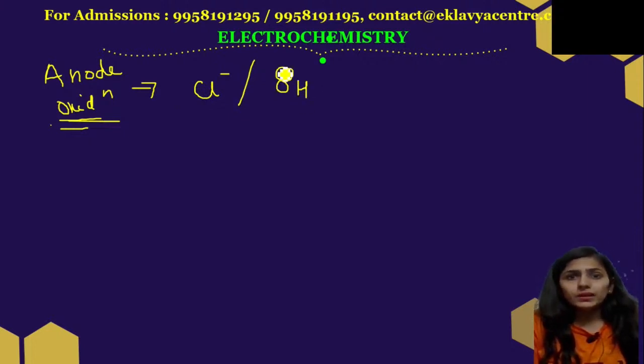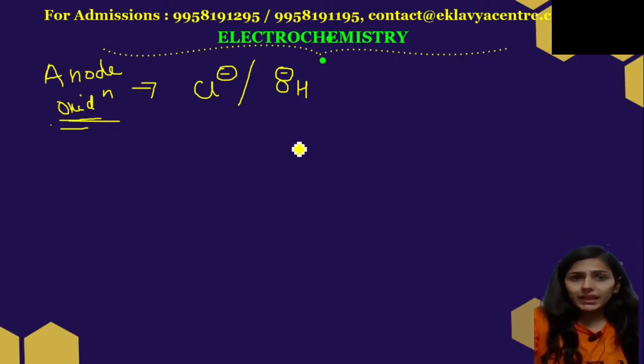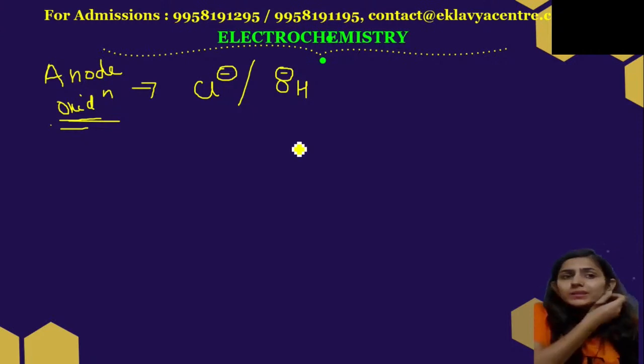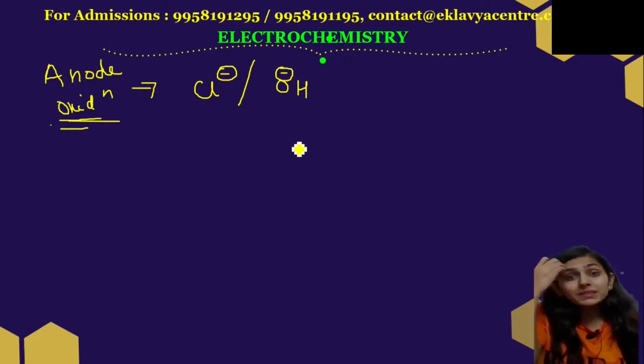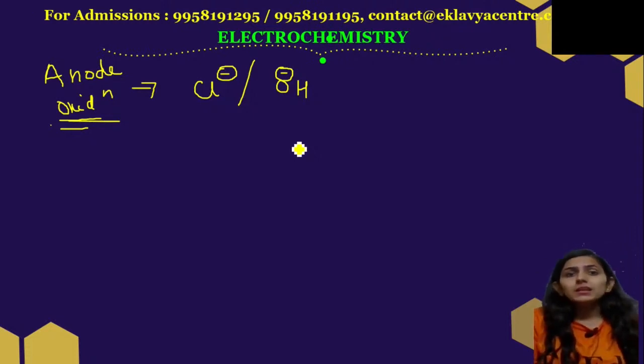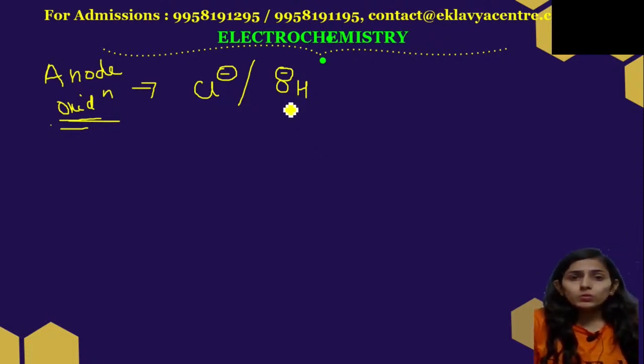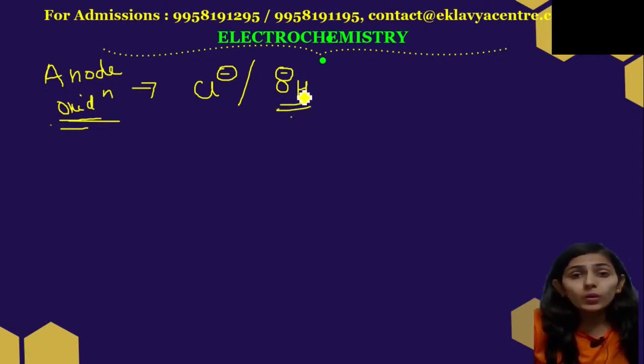Since for oxidation the SRP value should be less, oxidation of Cl negative should take place, but in reality, due to the excess of water, the oxidation of OH negative takes place.